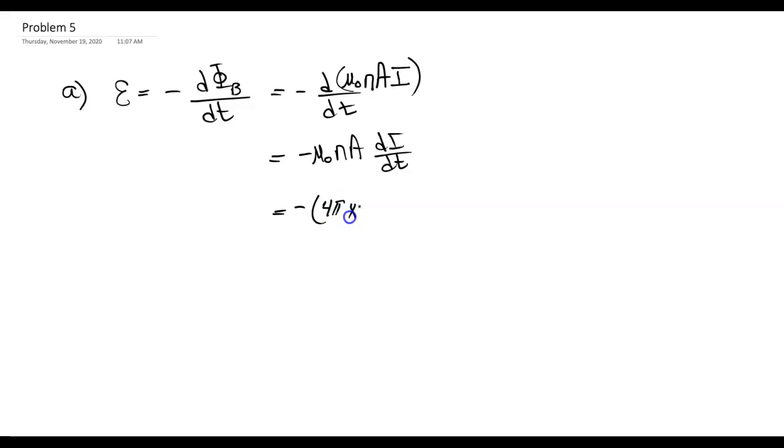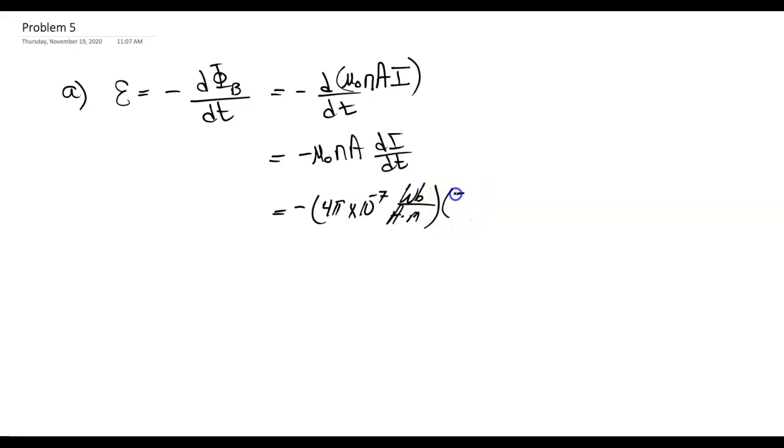So 4 pi times 10 to the minus 7. We can use this Weber per amp meter unit for mu naught. You'll find out that in this chapter, and a lot of the chapters in this semester, you can use different units depending on what your end goal is.